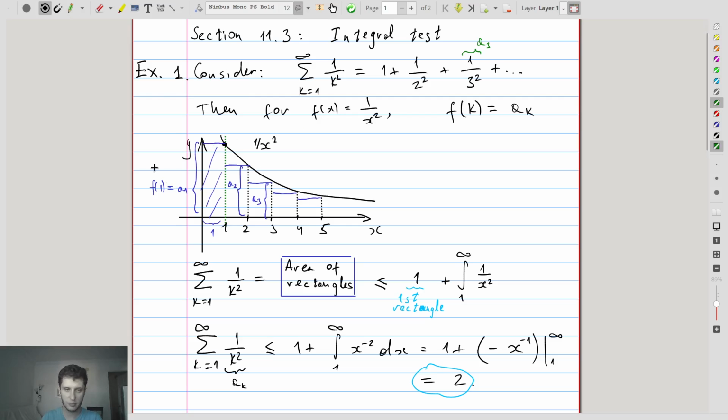So in this picture, let me maybe remove some notation here. In this picture, the black curve here is the graph of 1 over x squared, right? So this here is 1 over x squared.